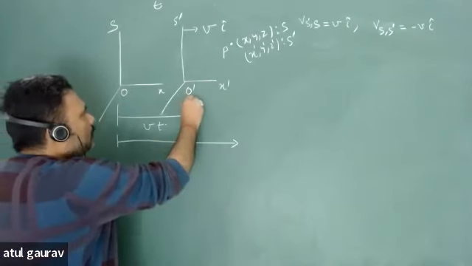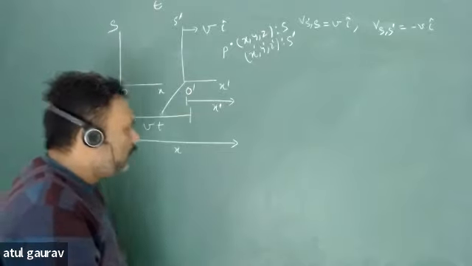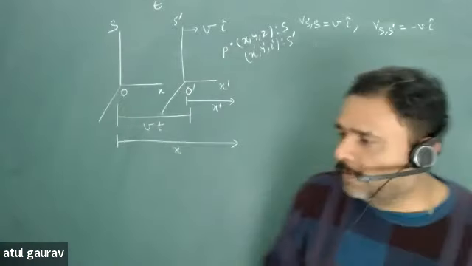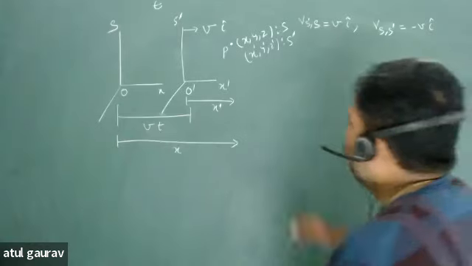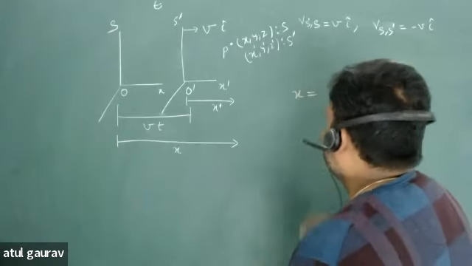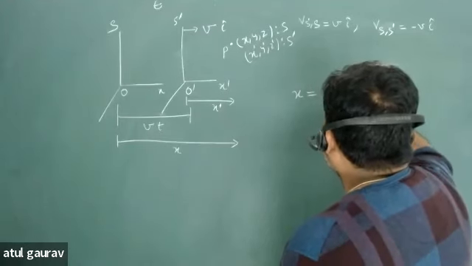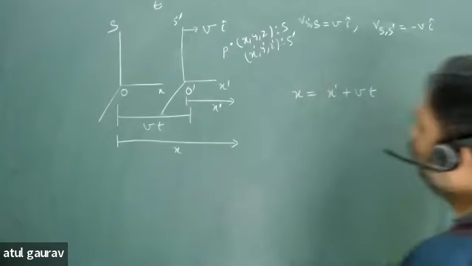And this distance? x dash. So from here, we can write x is equal to x dash plus Vt. Everyone is comfortable?